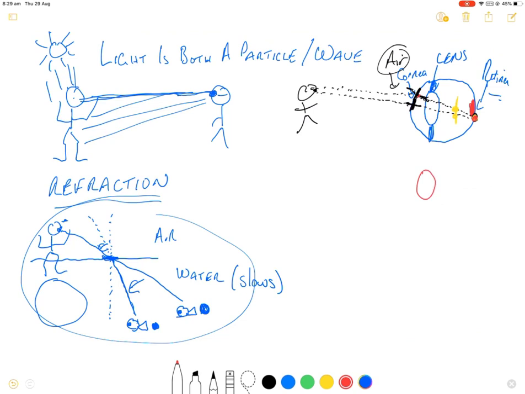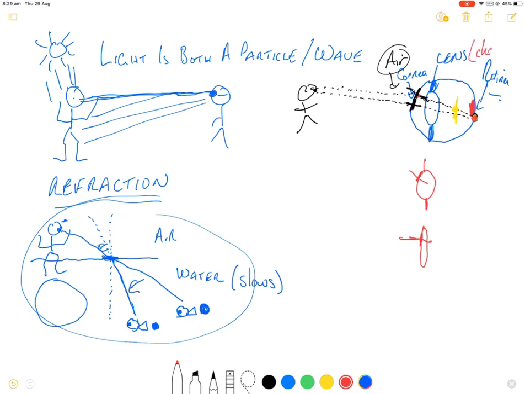What our lens can do is change its shape. So the lens can be bulgy, or the lens can be very thin. And so the angle that the light hits, here's the normal there, here's the normal here, can be changed by the shape of the lens. So you have the ability to change this.